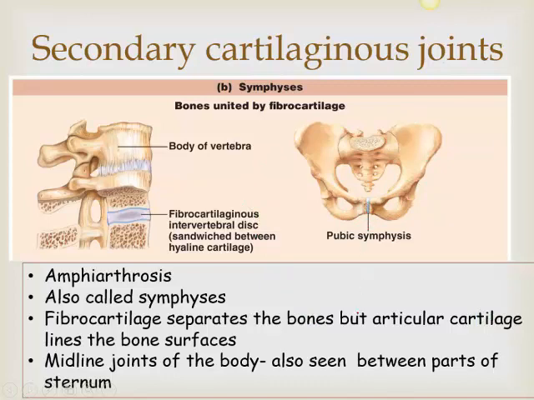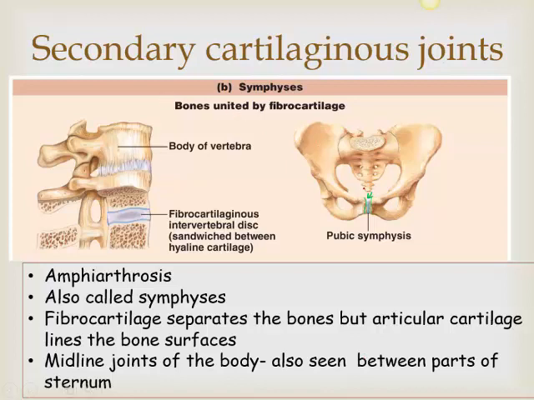So here also this is fibrocartilage, and hyaline cartilage will just cover the ends of the 2 hip bones. So therefore, a good way to remember it is the midline joints of the body: the intervertebral joints, the pubic symphysis, which is shown here, and also between the 3 parts of the sternum. So you have the manubriosternal and the xiphisternal joint.